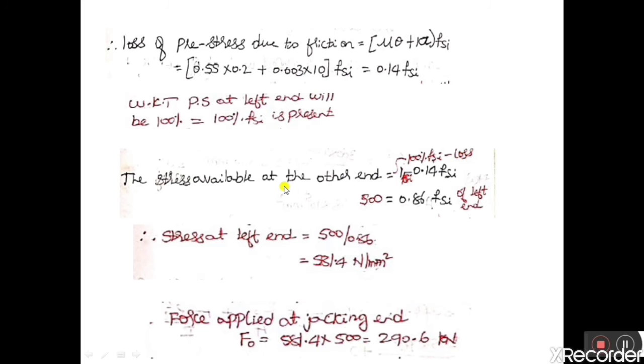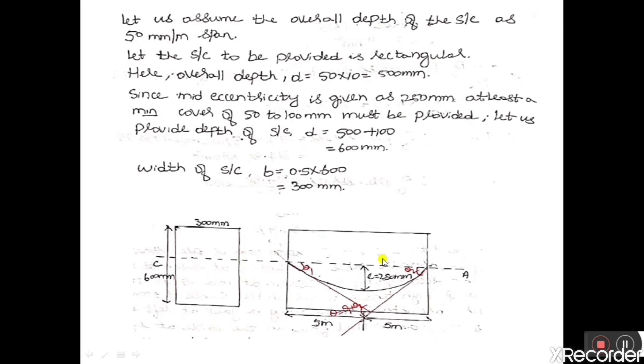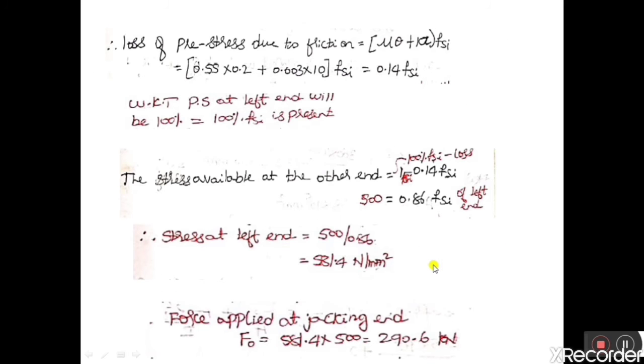We already know the stress at this end. The stress at this end is 500 Newton per mm square. So 500 is equal to 100% Fsi minus loss. 100% means it is 1 into Fsi, minus loss is 0.14 Fsi.